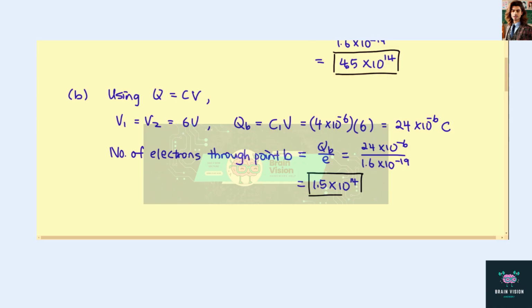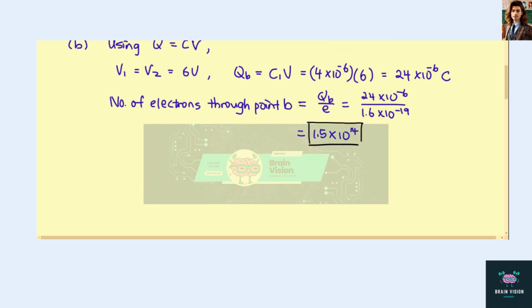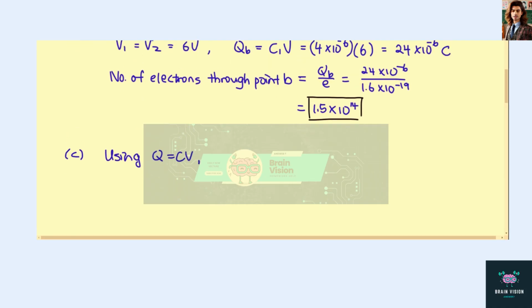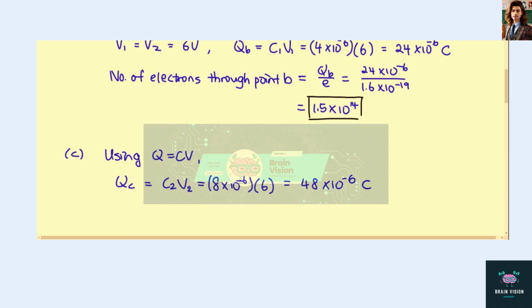Then point C. The formula is still the same, Q equals CV. The charge that flows through point C is C2 times V2. C2 is 8 microfarad times 6 volts, which gives 48 times 10 to the negative 6 coulomb.